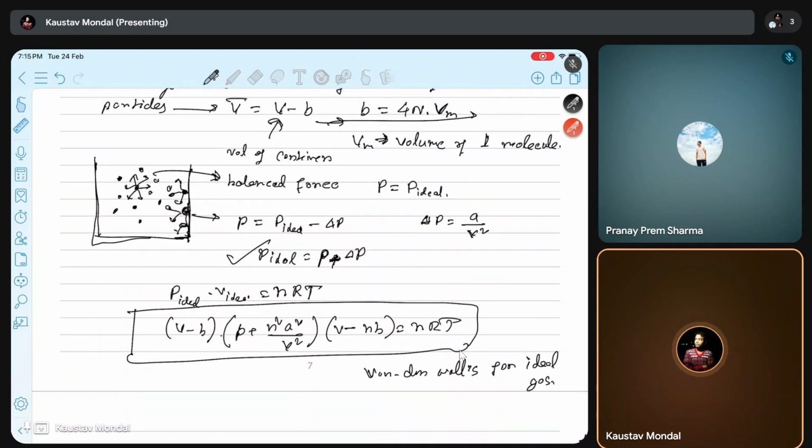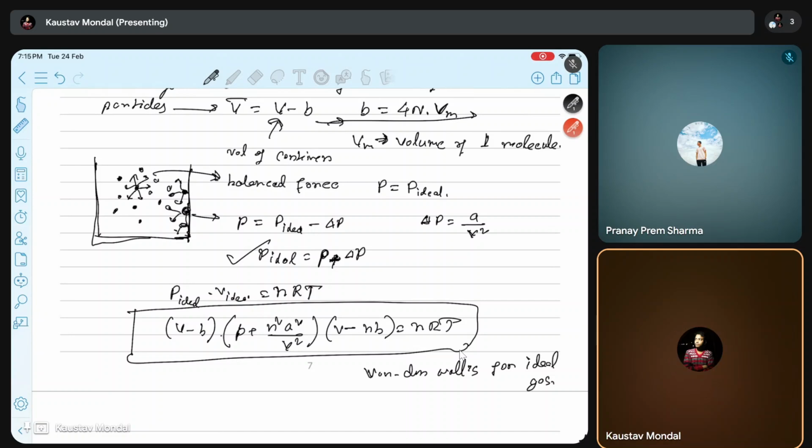This is the way van der Waals calculated the equation. It is a purely empirical equation, and this state equation is able to explain the behavior of real gases in a much more accurate way.